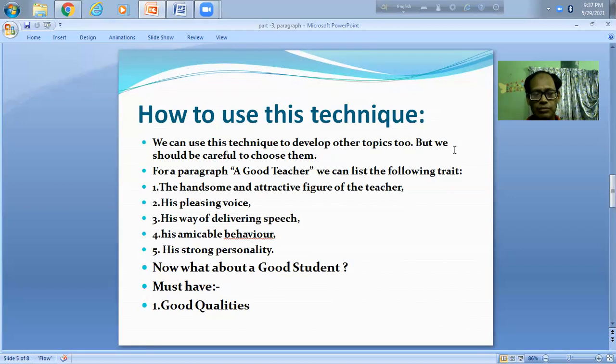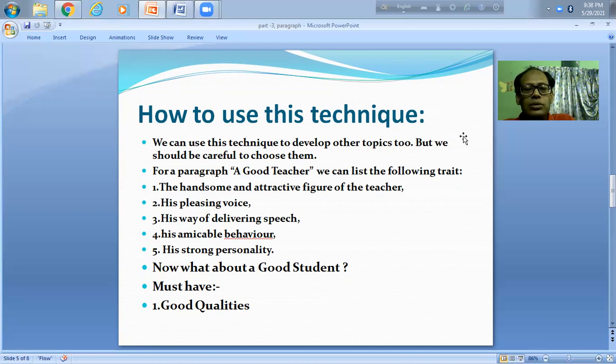You can admire his amicable behavior, which has pleased you. You can tell something about it. His strong personality, which has attracted you and convinced you a lot. A few other traits can be added to narrate the quality of a good teacher.